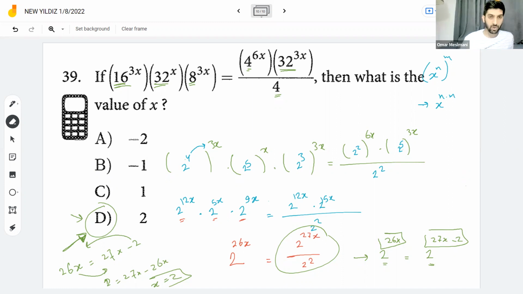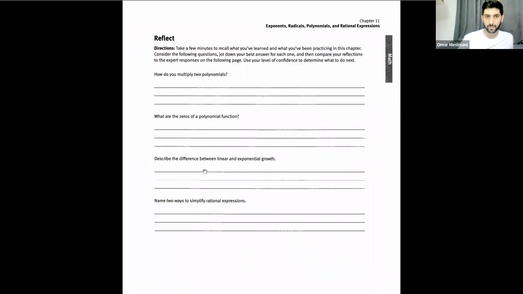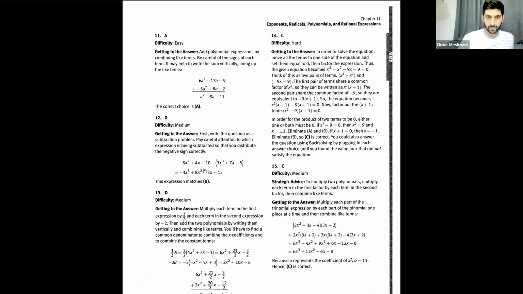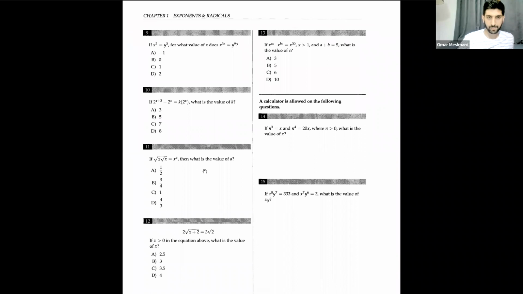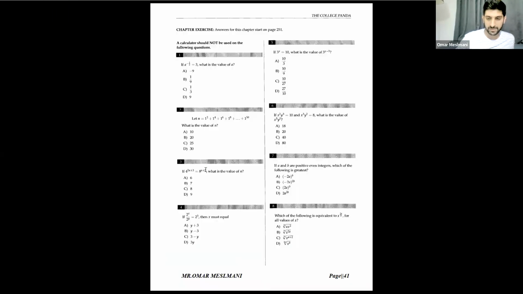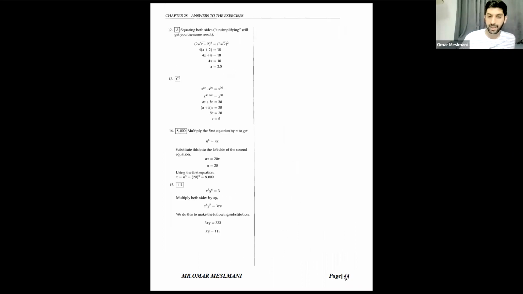I will give you homework for next time, guys. The homework is in the file on the platform. If you download the file, you see there are pages down here. Do you see the pages? Page 41, 42 only.